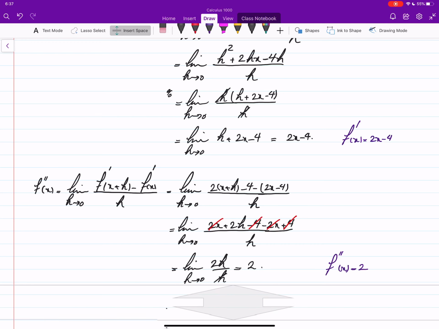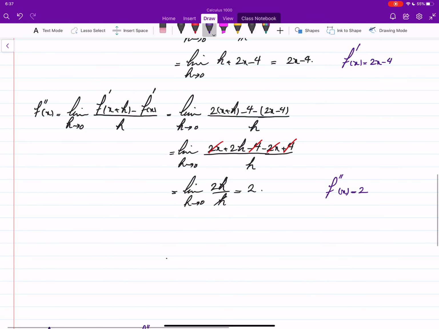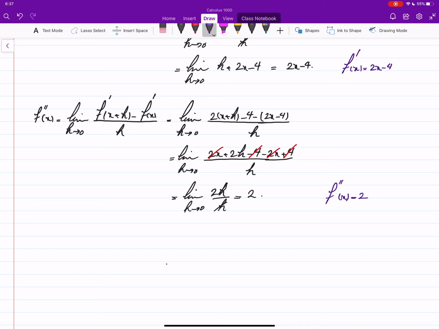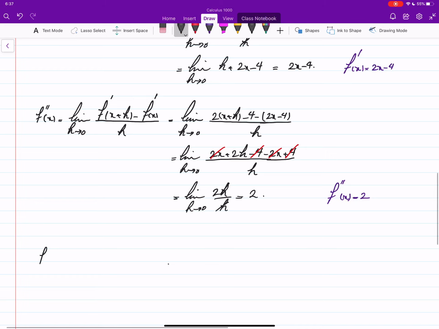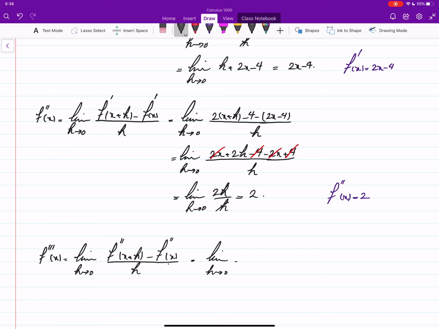What would you do for the third one? Okay, you repeat the same process for f double prime. So the limit of f double prime x plus h minus f double prime x over h as h goes to 0. And this gives me, okay, you see f double prime is constant.